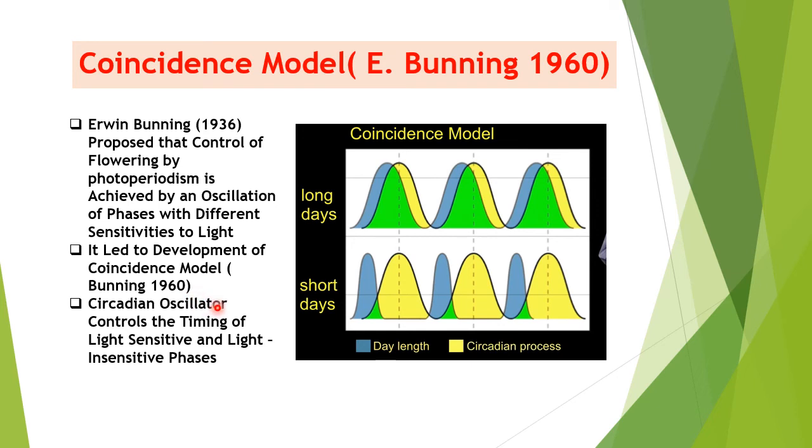Circadian oscillator controls the timing of the light sensitivity and light insensitivity phases. If we see in long days, the two are synchronized. This is the external response. This is the internal circadian rhythm. They are synchronized.